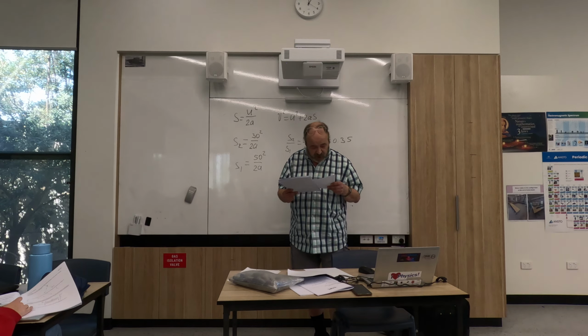Question 9, a light bulb rated at 15 watts carries an RMS current of 1.5 amps. So we have power equal 15 watts, RMS current equal 1.5 amps.